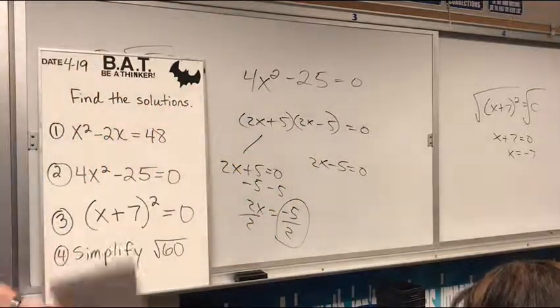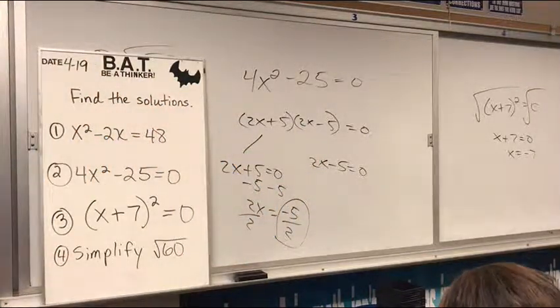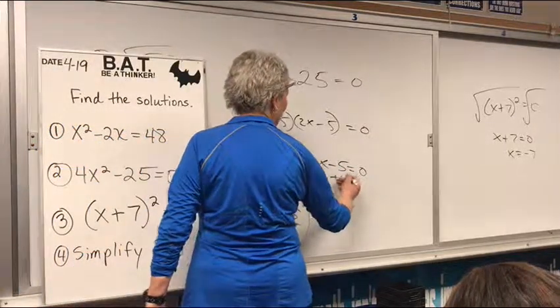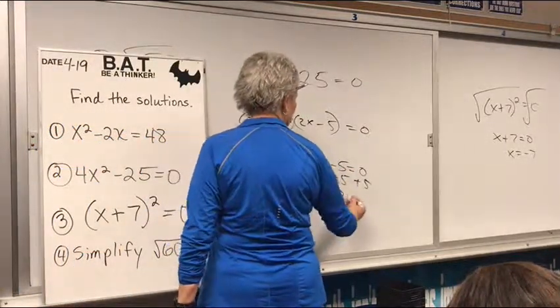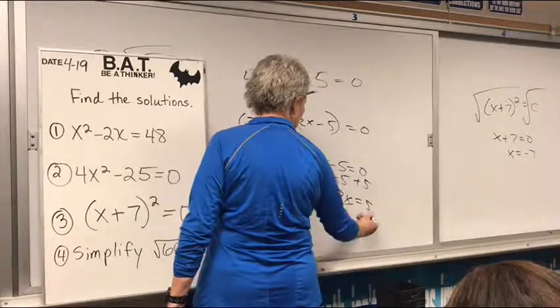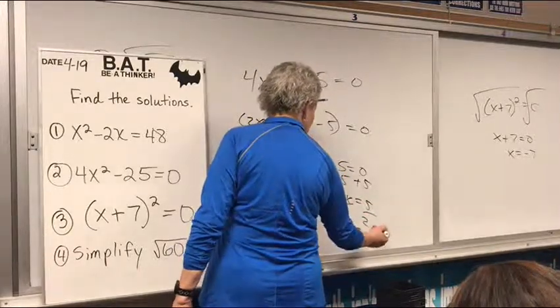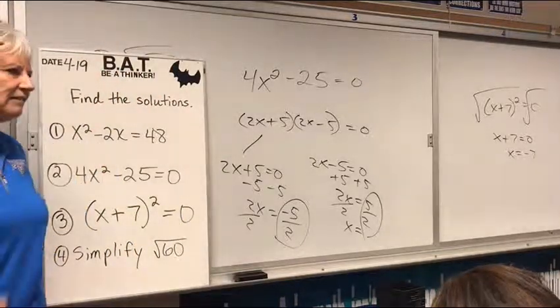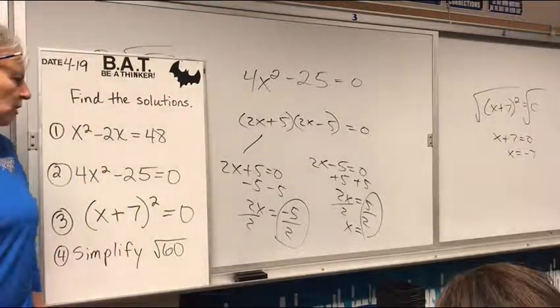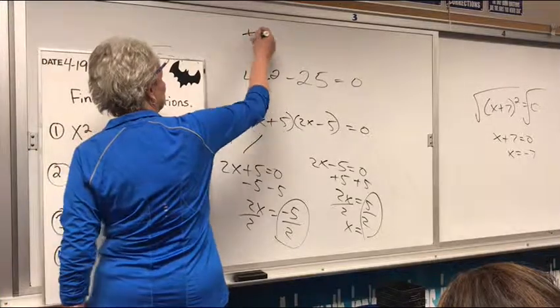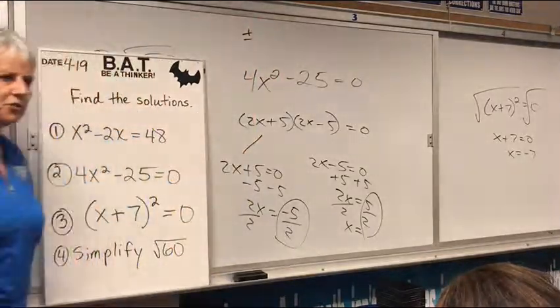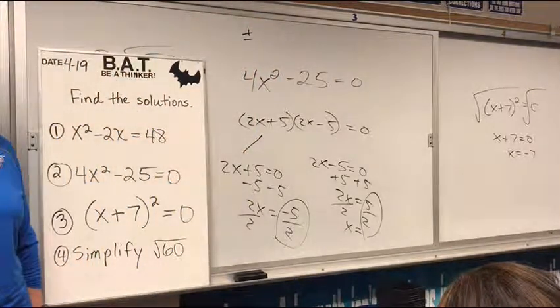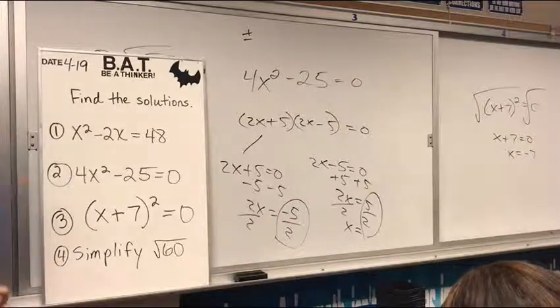Negative 2.5, negative 5 halves, whatever. And this one you add 5. 2x is 5. Divide by 2. X is 2.5, 5 halves, whatever. Or you could just write your answer plus or minus 5 halves, 2.5. Questions? I'm going to show you another way to do that one.